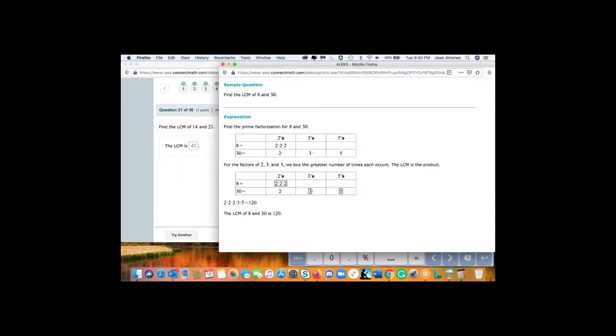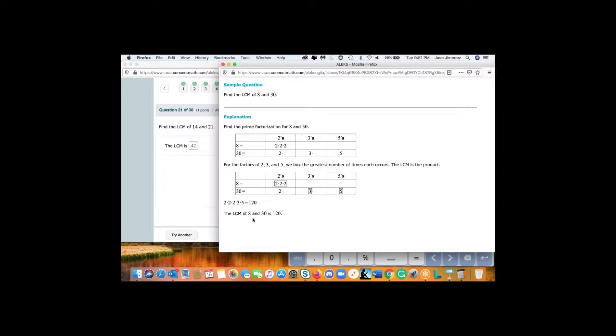They will give you an example like 8 and 30, how they calculate the LCM. And this way they do by prime factorization. Let's say 8 is equal to 2 times 2 times 2, that's the prime numbers. Factorization means when they multiply, they give you 8. Then you do the same for 30, which is 3 times 10, but 10 is 2 times 5, so it will be 2 times 3 times 5.